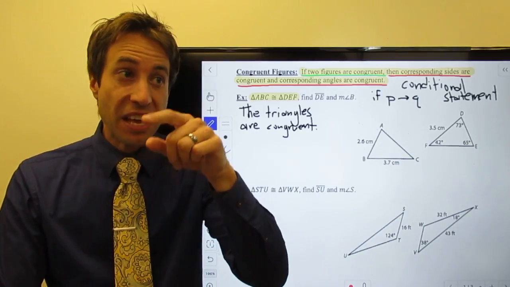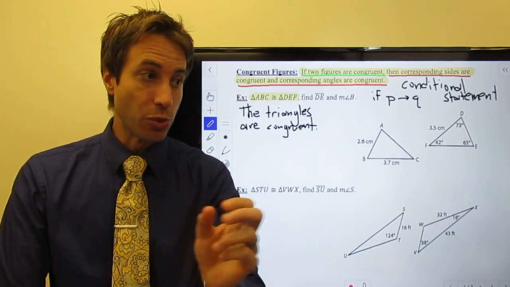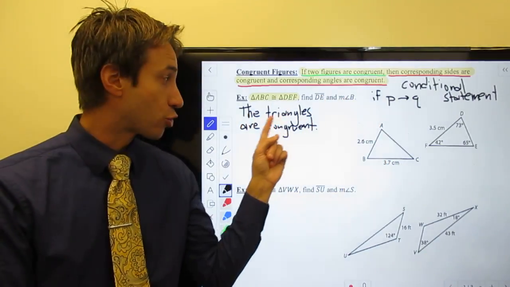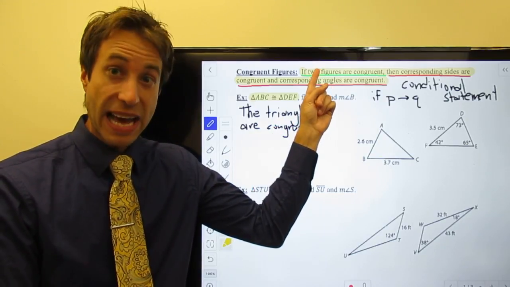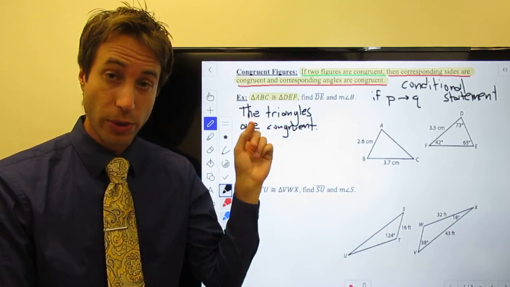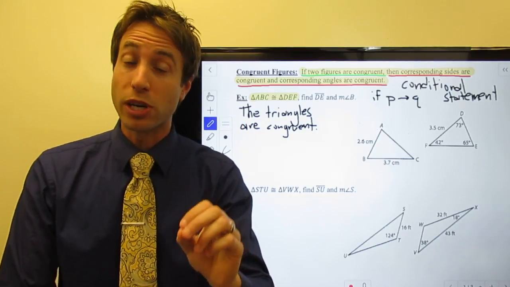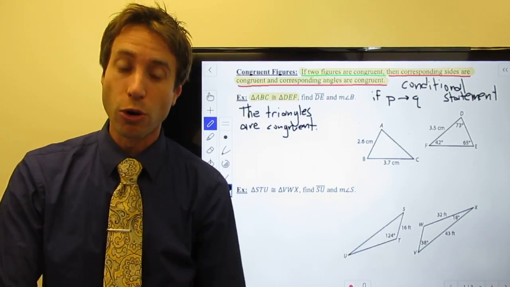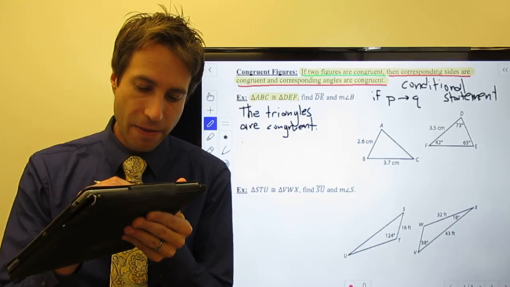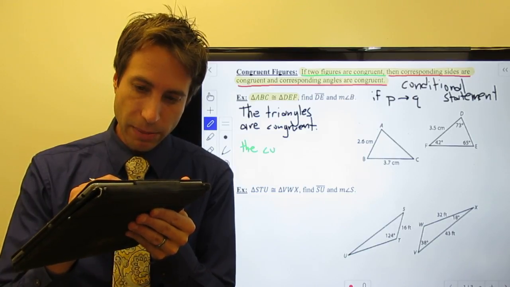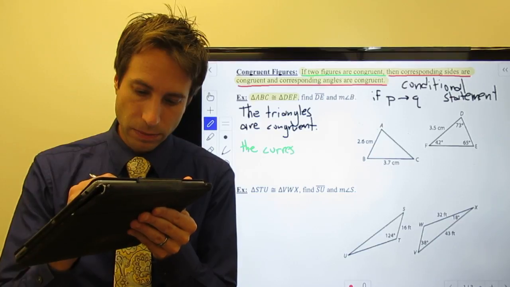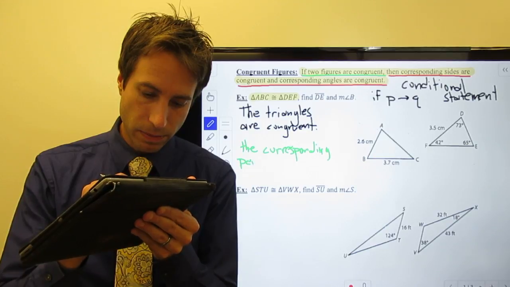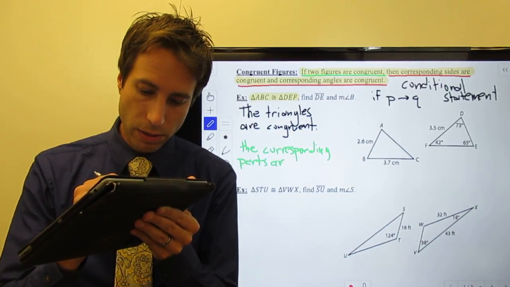If P, then Q. If P is true, then Q must be true. I've told you the triangles are congruent. That's P. So what can you conclude? Well, if P is true, then Q must also be true. So you would say, then corresponding parts are congruent.